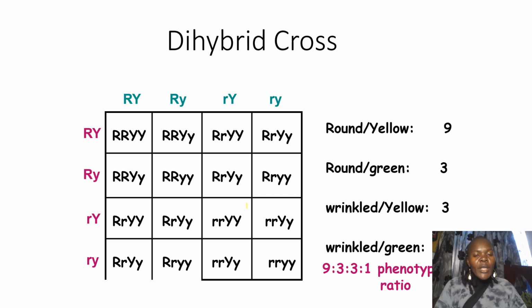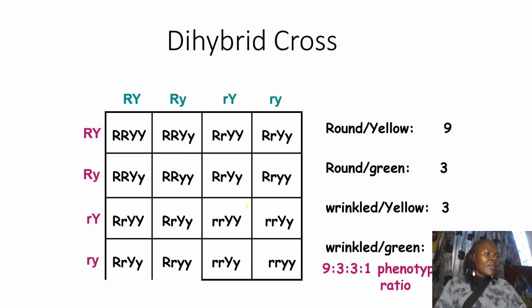It means you will have small r, capital Y, or capital Y, small y. Then they will be wrinkled yellow. In case where you have wrinkled green, you will be having small r, small r, small y, small y. So the phenotypes will be spread in the ratio of 9 round yellow, 3 round green, 3 wrinkled yellow, and 1 wrinkled green.